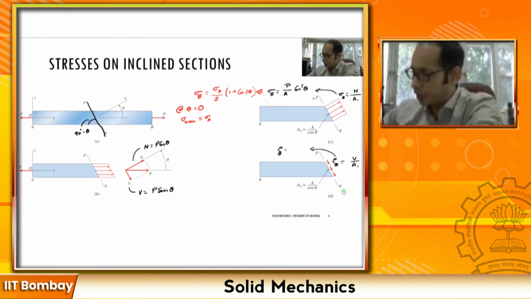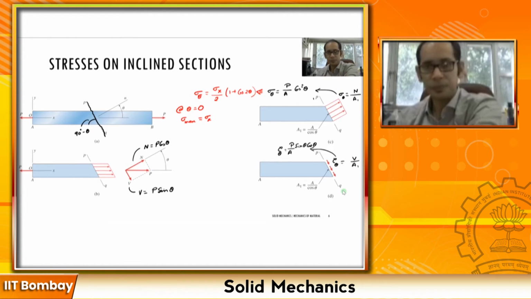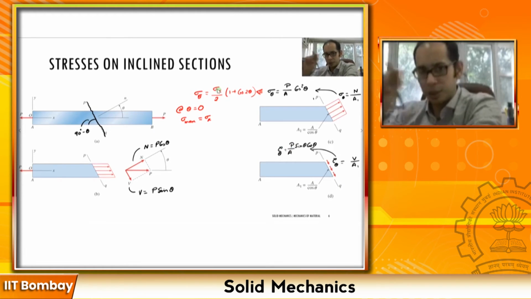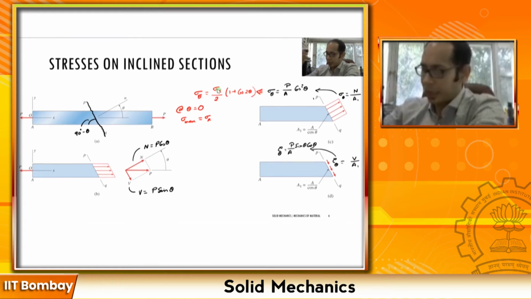If I replace A1 by A divided by cosine of theta, it becomes P divided by A, sine theta cosine theta. Simple, right? Again, as I did before, I take P divided by A and replace that by sigma x, and I pull a 2 in the denominator, so I have 2 sine theta cos theta in the numerator, which is sine of 2 theta.